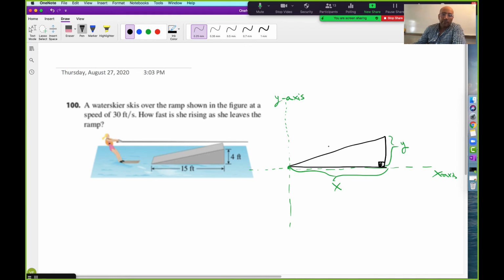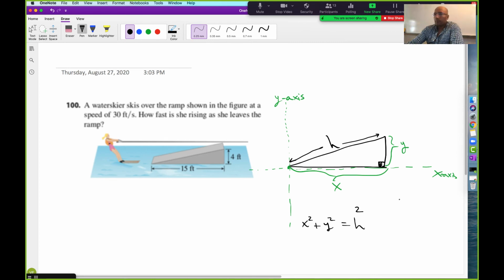So h is a popular variable to use here. And so, of course, we know that the Pythagorean theorem applies: x squared plus y squared equals h squared.